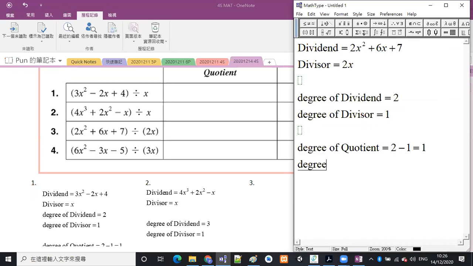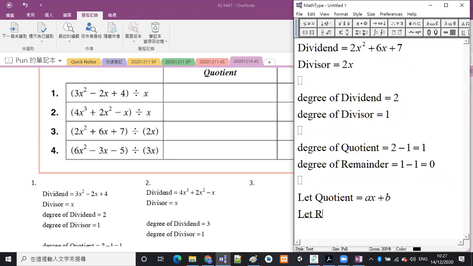And then the degree of the remainder should be equal to 1 minus 1. That is equal to 0. Okay? And then we can let the quotient be, because the degree is equal to 1, ax plus b.